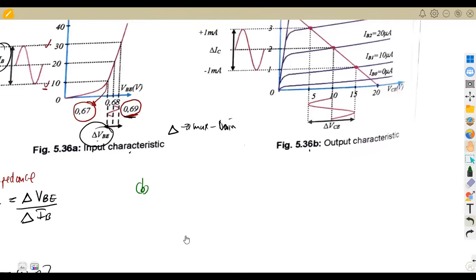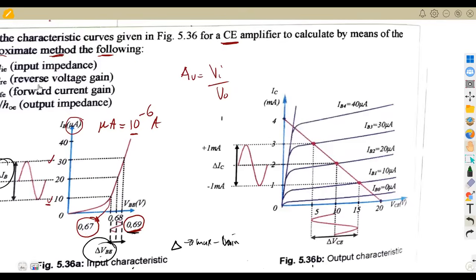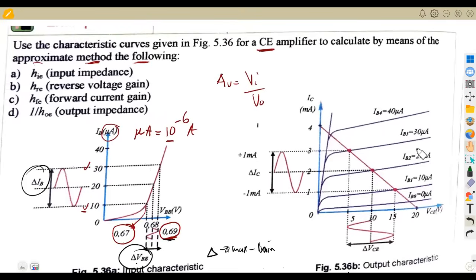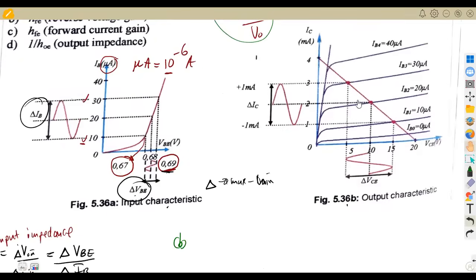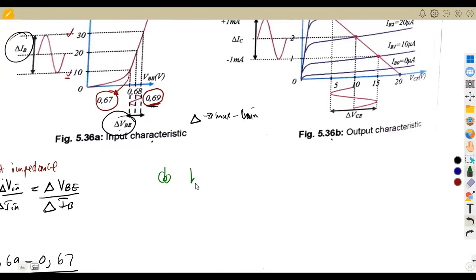We are going to consider the reverse gain. Like I said, when it is reverse, you have to interchange. So it's going to be V in over V out. So our reverse gain for the common emitter in this case is going to be the change in V in over the change in V out. It was supposed to be V out over V in on a normal sense, but because it's reverse, you interchange.